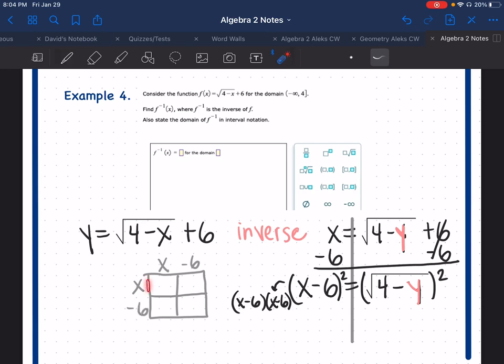Remember, you're multiplying the side times the top, and they're all rectangles, so the properties of rectangles hold true. Negative 6 times x is negative 6x, negative 6 times x is negative 6x, and negative 6 times negative 6 is 36. I just went ahead and did x times x, right?